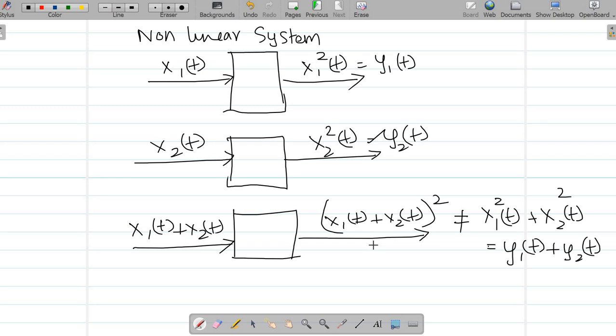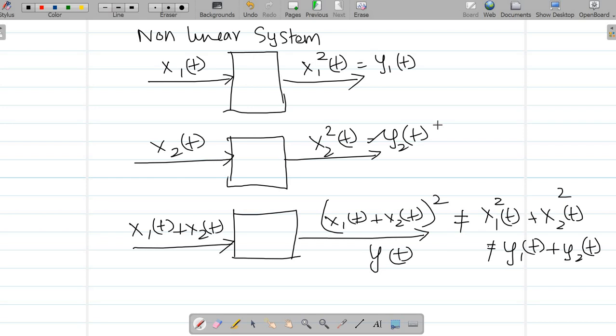So the output we got here is not the sum of both the outputs that we got previously when the inputs were separately passed through the block. Now this is clearly a non-linear system.